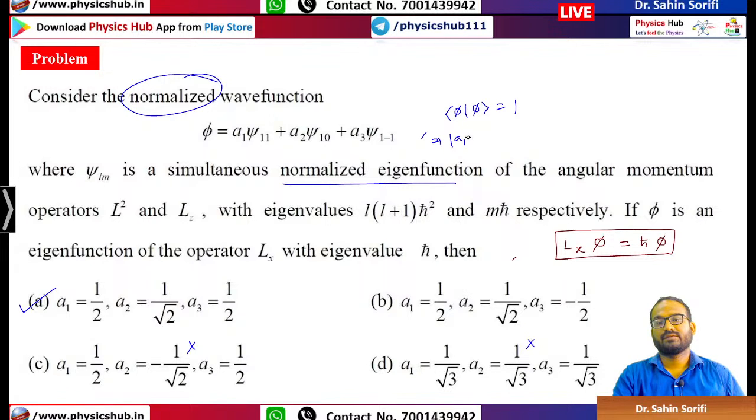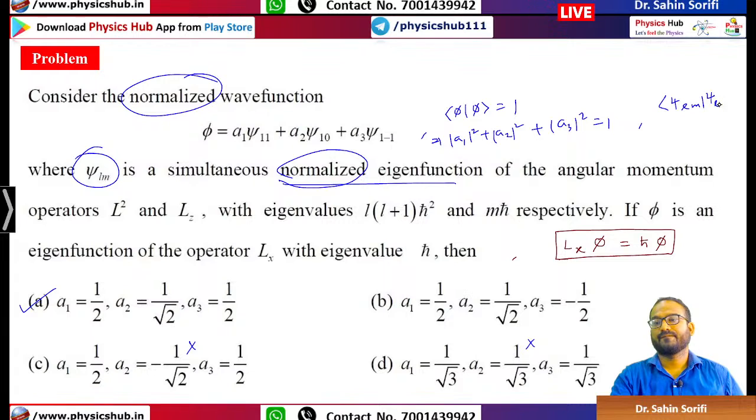That is why modulus of a1 square, a2 square, a3 square equals to 1, and this psi lm also simultaneously normalized. So we used here psi lm psi L prime m prime equals to delta LL prime delta mm prime. Clear?